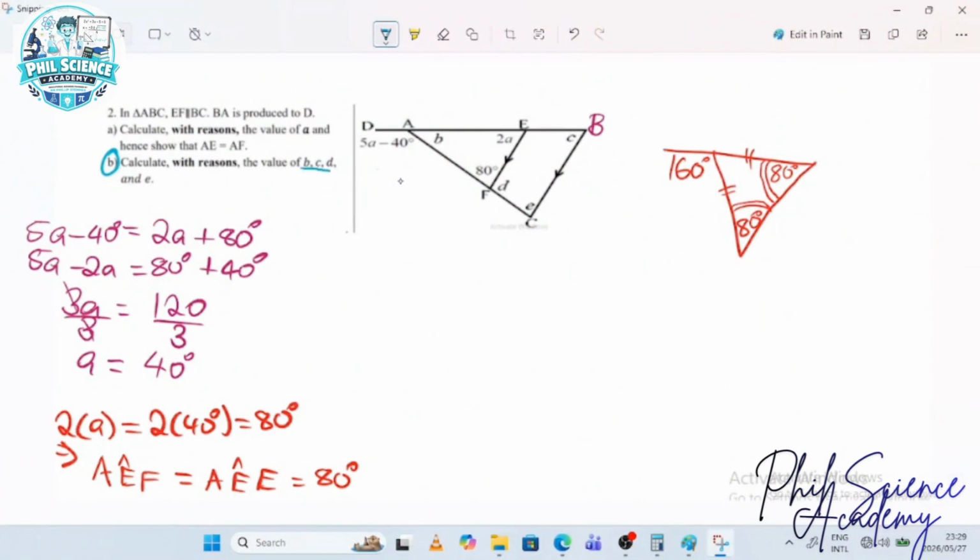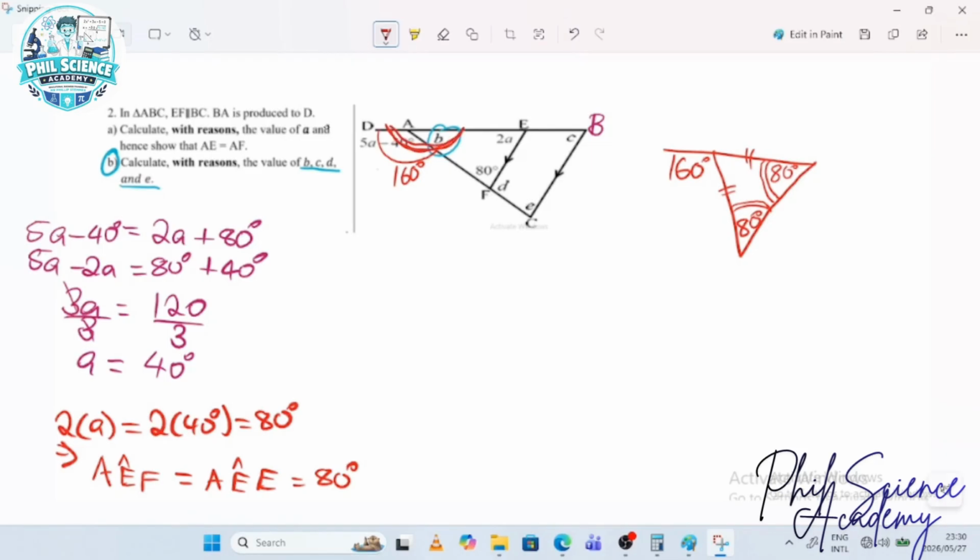We are supposed to calculate the values of B, C, D and E with reasons, right? So first things first, let's find the value of B. We already calculated this angle here, which was 160 degrees, and we can see that these are angles on a straight line.